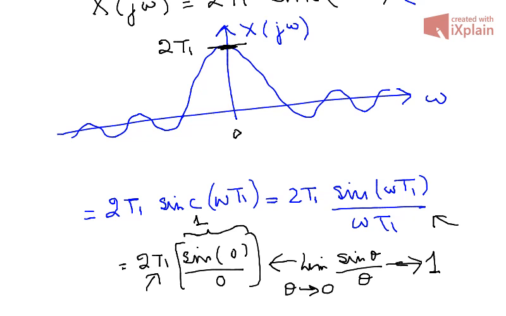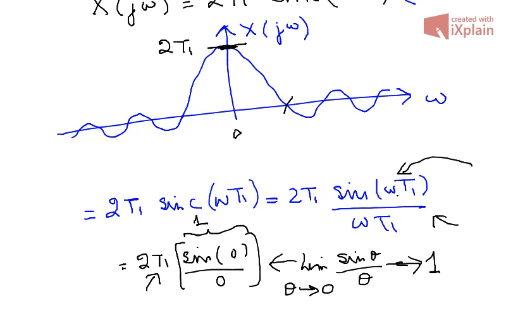Now you can also find the first null, the first 0. This function decreases and you get the first 0 when sine of theta becomes 0.